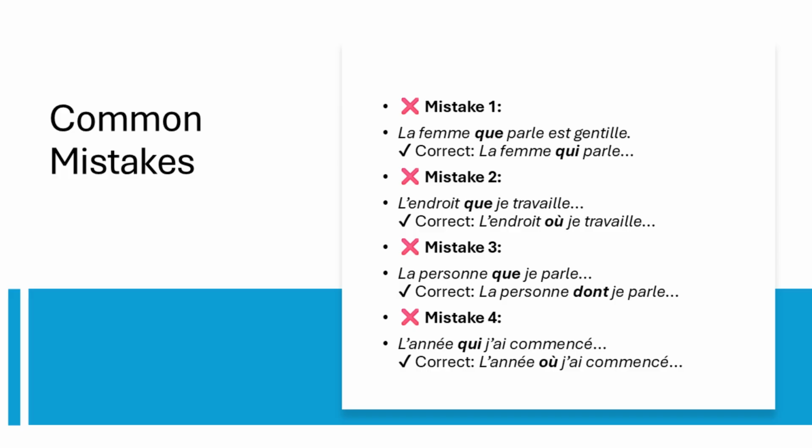Non, l'endroit où je travaille. Troisième phrase, la personne que je parle. Non, la personne dont je parle. Et quatre, l'année qui j'ai commencé. Non, l'année où j'ai commencé.